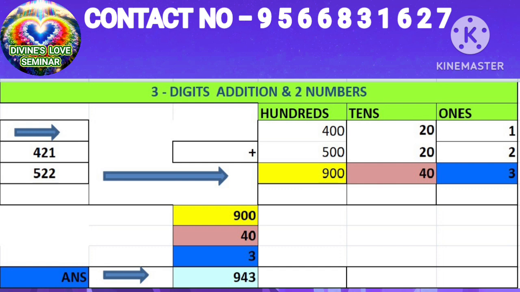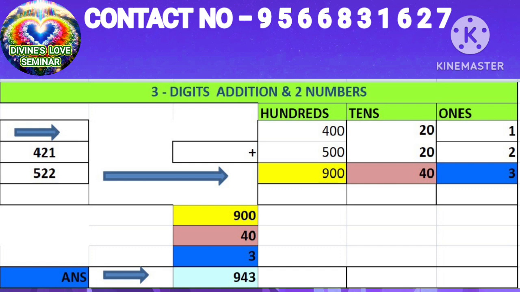See the image. Now we will calculate the number. Hundreds place, just see: 400 plus 500 is 900. Then go to tens place. 900 plus 20 is 920. 920 plus 20 is 940.